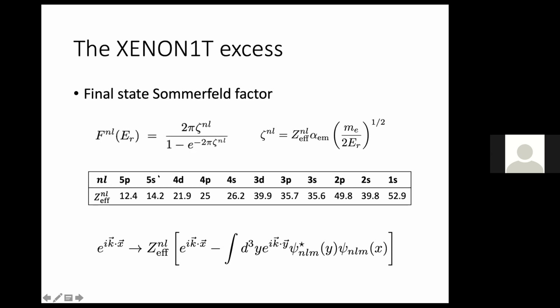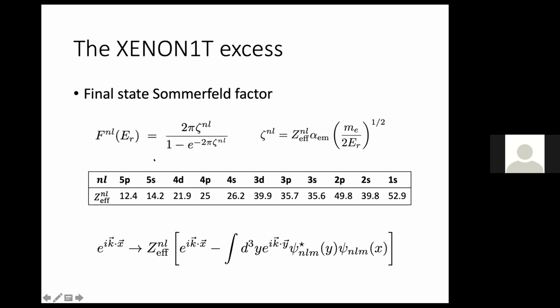Then there's another effect: because the electron is charged, and the ion with the electron kicked out is positively charged, there will be a long-range interaction between them mediated by the photon. This reminds us there must be something like a Sommerfeld enhancement factor in this result.